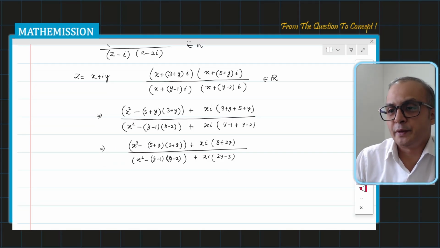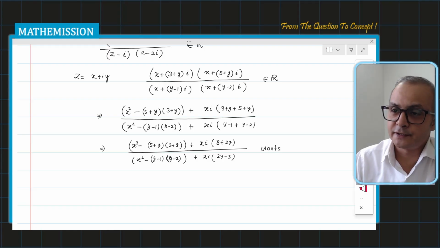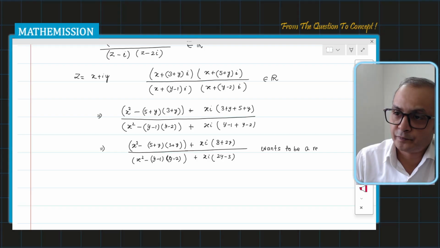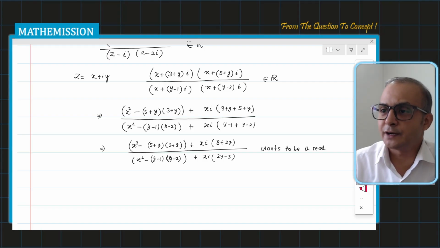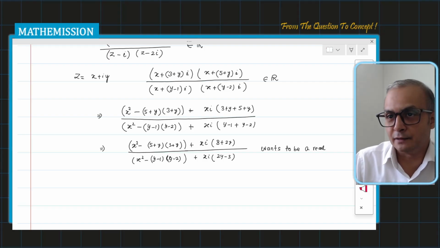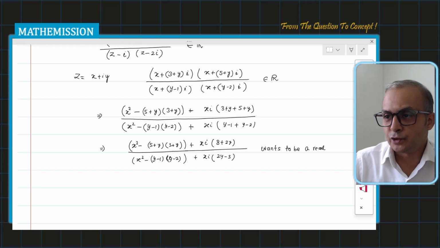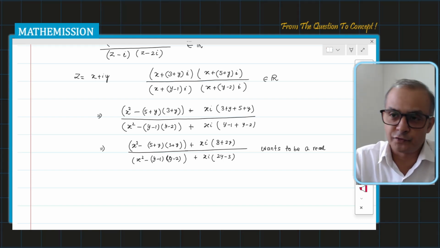Now the problem is this one. This wants to be a real number, so I can think in what condition it can be a real number and provide the condition for it.